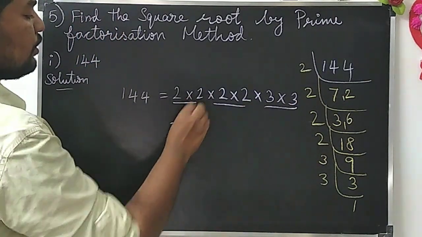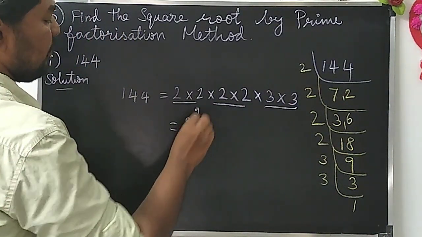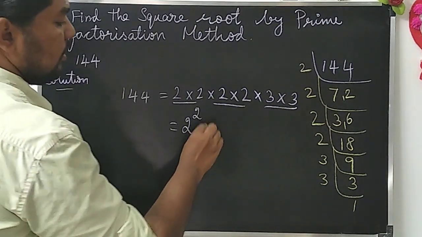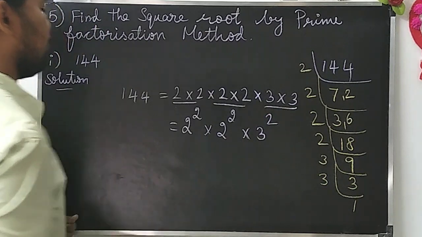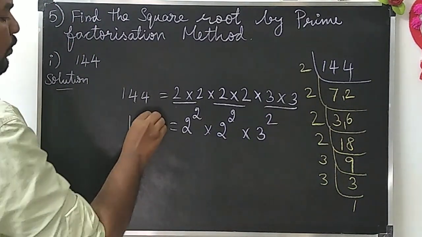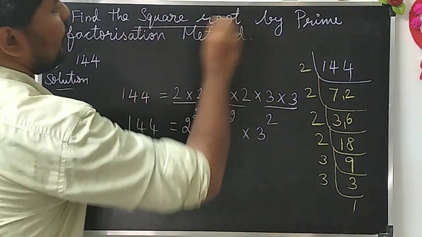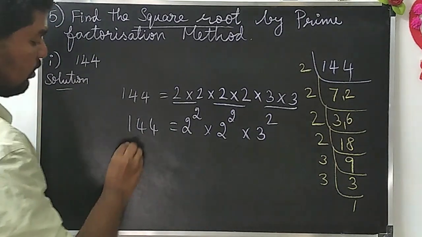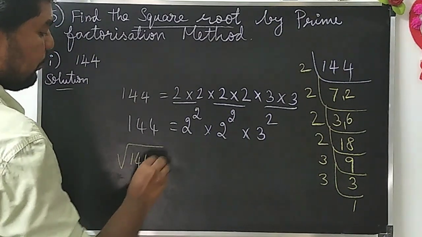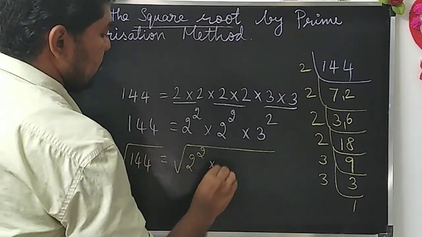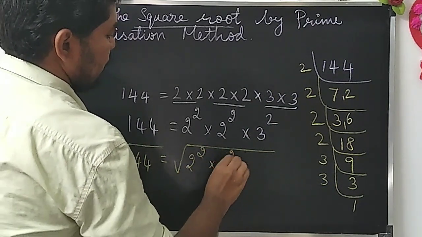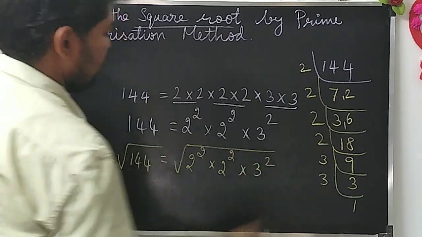So 2 into 2 you can write as 2 power 2, that means 2 squared. In the same way, 2 power 2 into 3 power 2. This is for 144. They are asking for the square root. So the square root of 144 is equal to the square root of 2 squared into 2 squared into 3 squared.